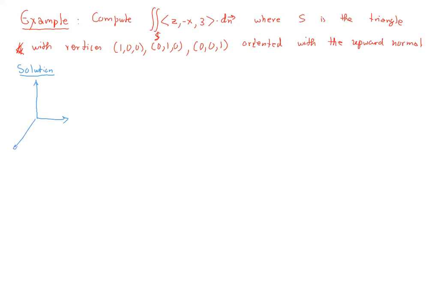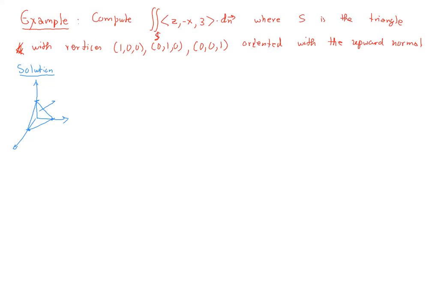We draw our coordinate system. Here are the 3 points that make up this triangle. And basically, we would like to orient it by using the vector that points upward. You could argue slightly upward. I mean, the angle is 45 degrees, so it's not really just slight.